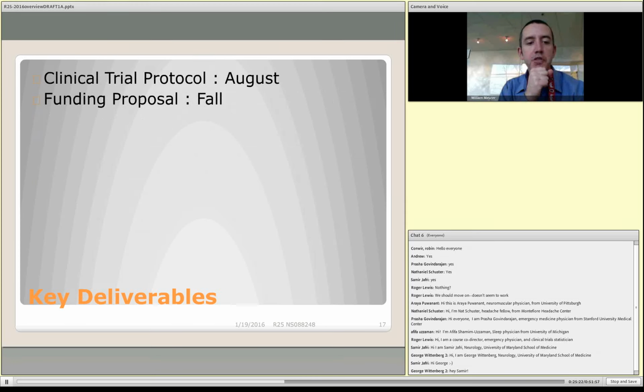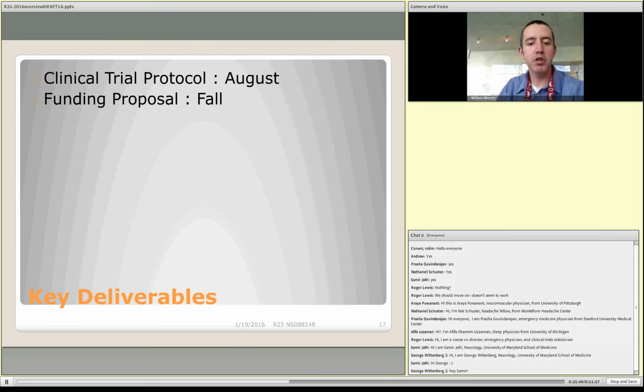The key deliverables that you'll be building during the course is the clinical trial protocol, which we really hope for you to have a good near final draft of in August, and a funding proposal likely in the fall, knowing that there are July submission deadlines for the American Heart Association and so forth, and we will be cognizant of that. But again, many of those things need to be resubmitted.